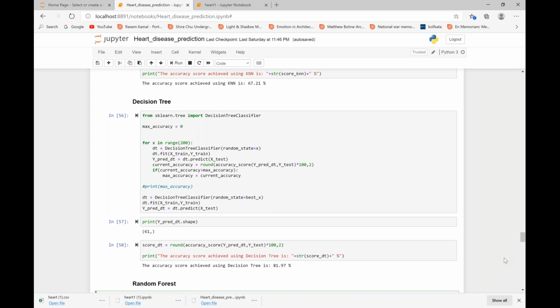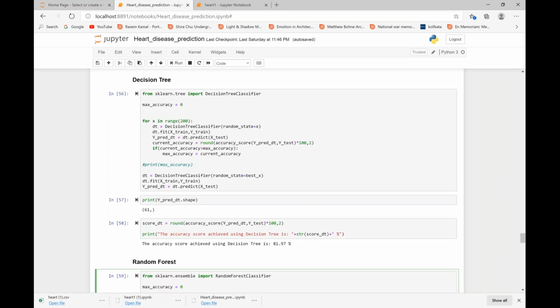Each time we get an accuracy, we compare it with the maximum accuracy. If the current accuracy is greater than the maximum accuracy, then the maximum accuracy becomes the current accuracy, and we found it to be 81.97%. Now Mahima will be explaining about the random forest.